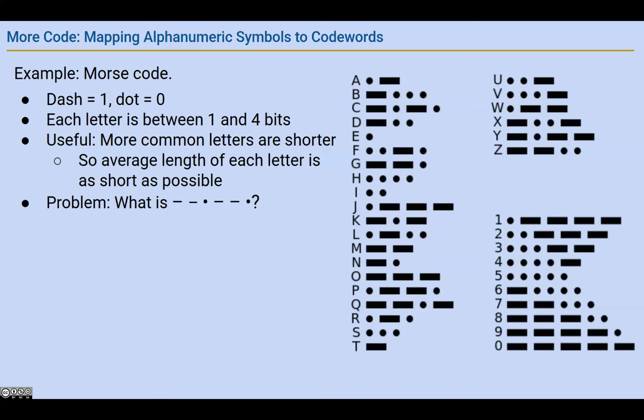As an example, what is dash dash dot dash dash dot? What does that mean? This is an English word. What word do you think it is? Mean? Yeah. Any other words could it be? Gigi?